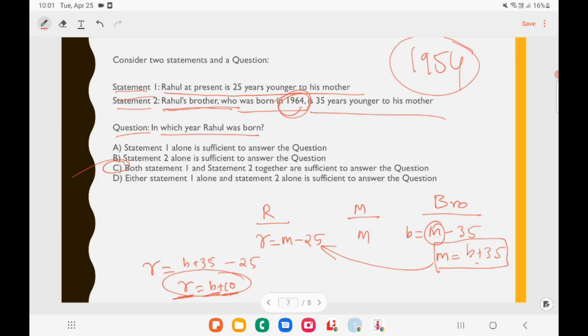And in the normal type of questions, when it comes from age, you can use two methods. Either you can first find out the equations and then solve the equations and find the answer, or you can just substitute different options and you need to check which option is giving the correct answer. So in this way also you can find it.